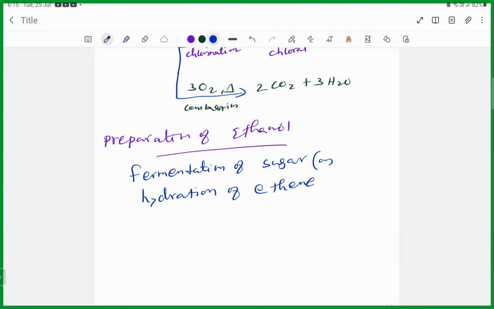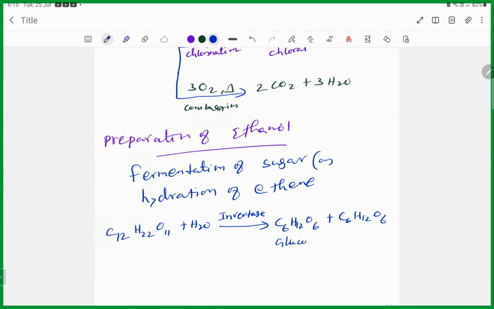For example, take sucrose. The formula for sucrose is C12H22O11. When you are hydrolyzing sucrose in the presence of yeast, the yeast gives invertase. Invertase is an enzyme which will hydrolyze sucrose into C6H12O6 plus C6H12O6. Both have the same molecular formula, but they are different: one is glucose, another one is fructose.